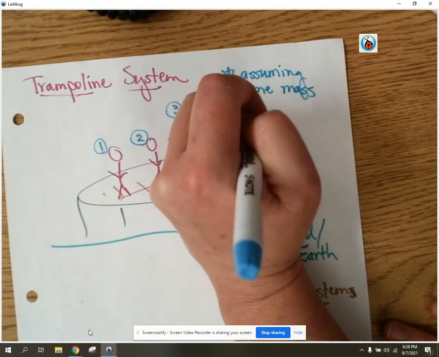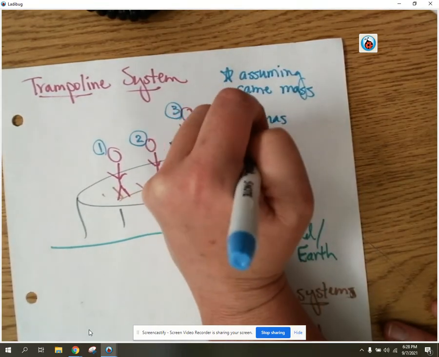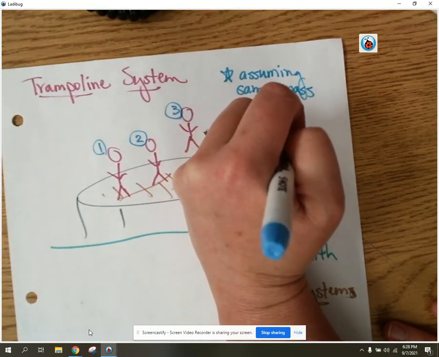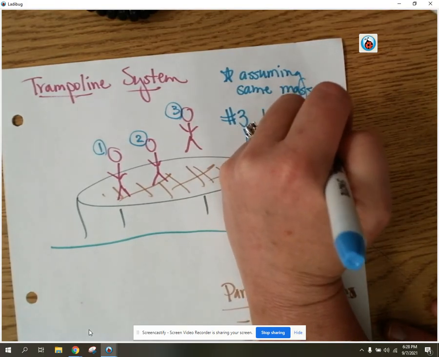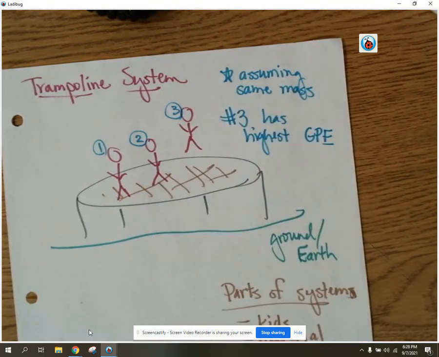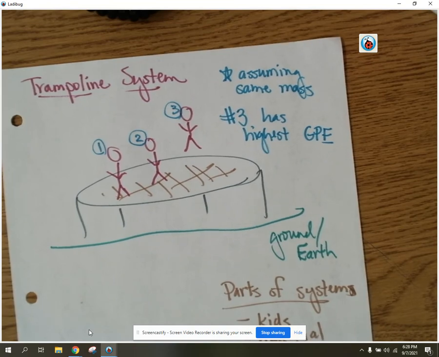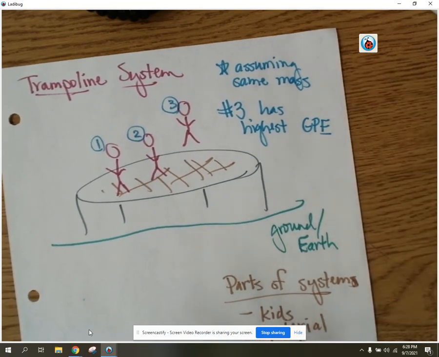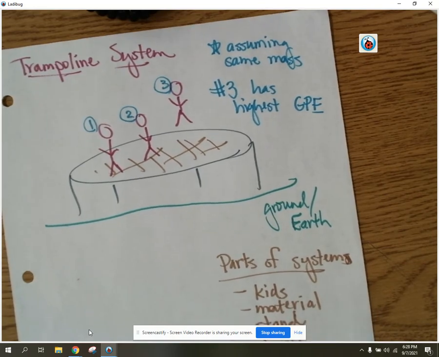You guys know that. Number three has the highest GPE because, by definition, gravitational potential energy says that if things have the same mass, the one that's at the highest location has the highest gravitational potential energy.